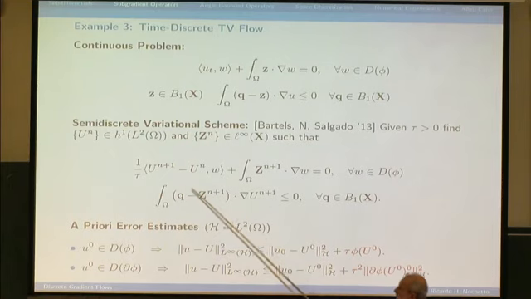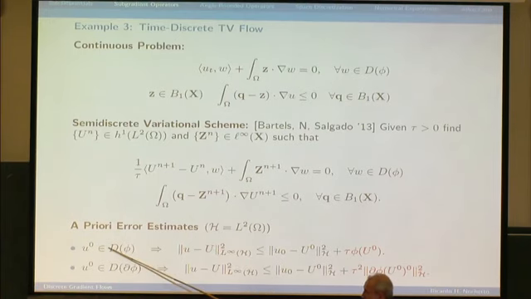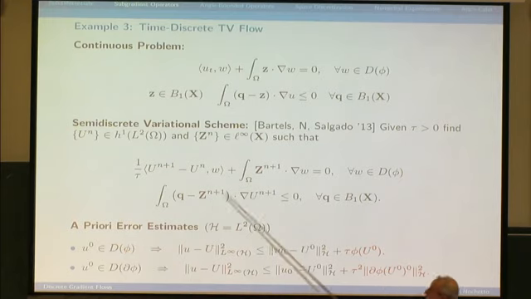Okay, how well is the pair Un-Zn doing? Well, here you have the a priori results. If the initial condition happens to be in BV, which is a natural assumption for this problem, then you get a square root of tau convergence rate.